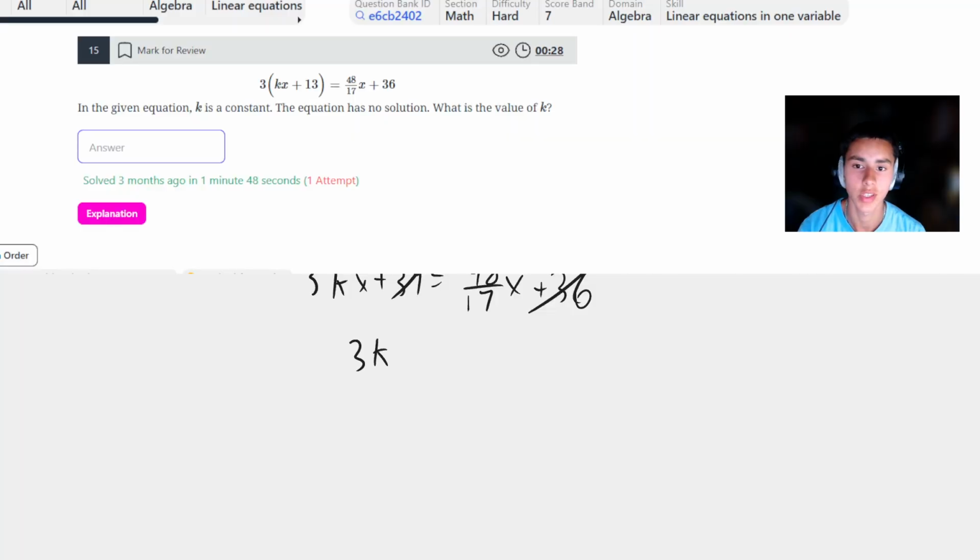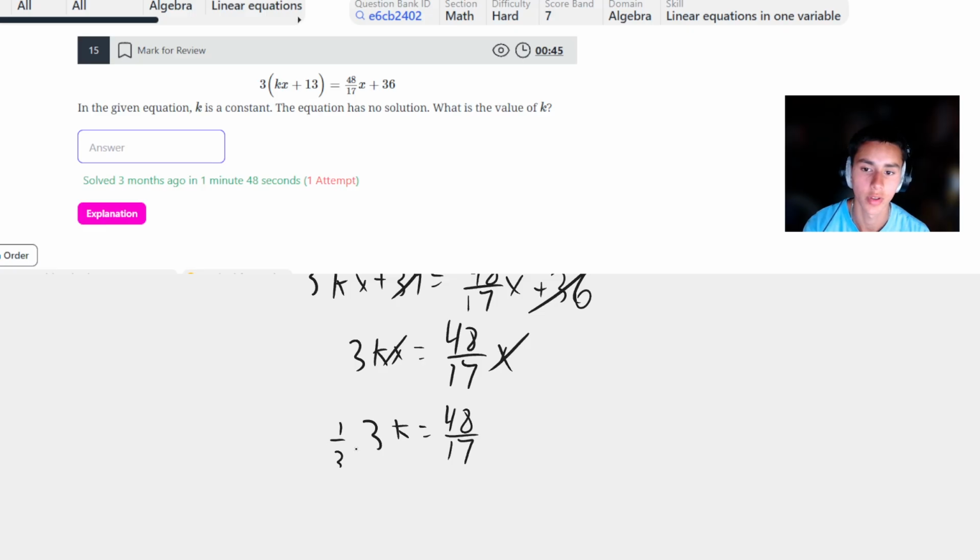So let's do 3kx equals 48 over 17 x. The x's would cancel out. We're left with 3k equals 48 over 17. If we divide both sides by 3, that's the same thing as multiplying by 1/3. So multiply both sides by 1/3. k equals 48 over 51.